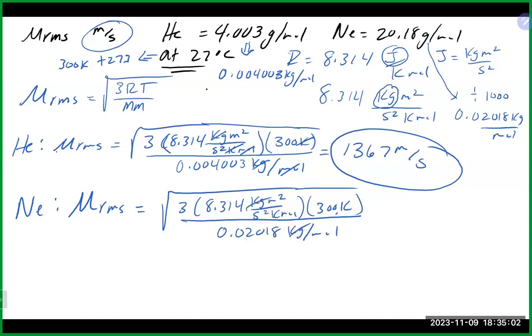Kilograms cancel, Kelvin cancel, moles again cancel, leaving us again the same meters squared per second squared. We're going to take 3 times 8.314 times our 300 divided by 0.02018. Now a little square root action.